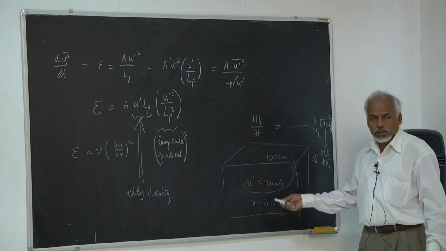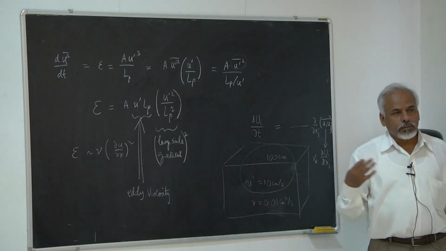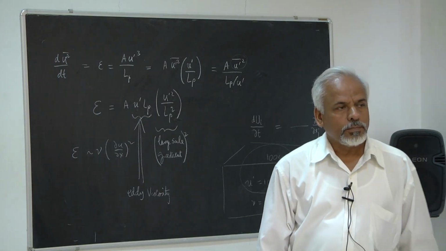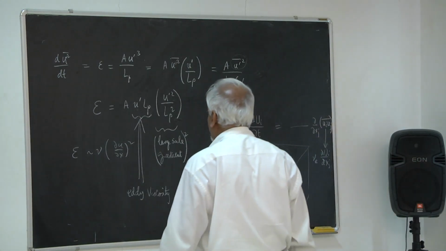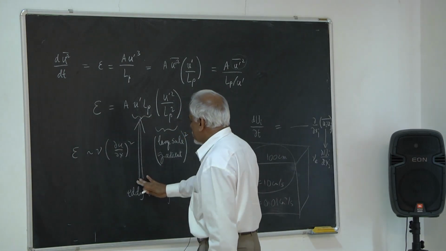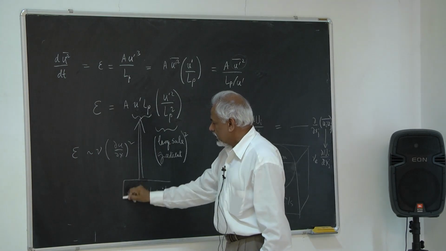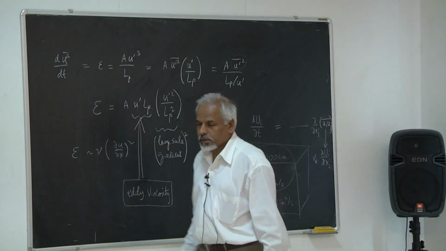So it's already, you see, 10 to the power 5 times larger. So a whole lot of representation of turbulence effects is hidden in the use of this eddy viscosity.